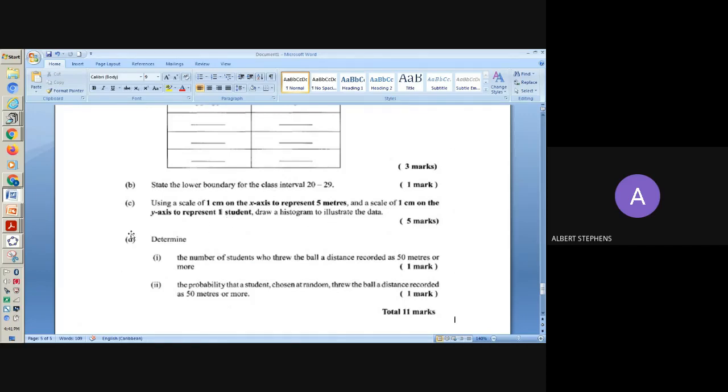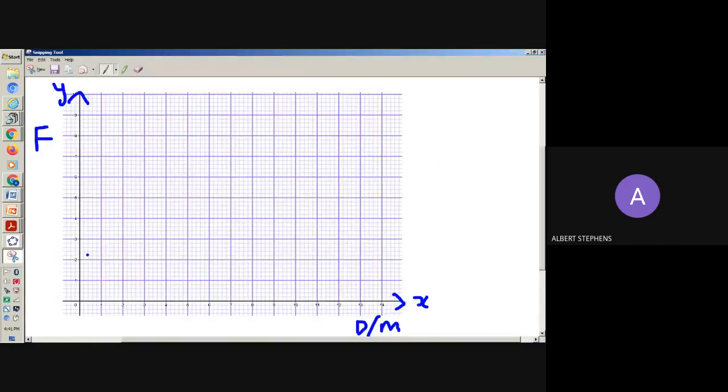When it says 1 centimeter, it means literally 1 centimeter on your graph, and that represents 1 student. On my graph, 1 centimeter is from one bright line to another bright line. Everybody see that?